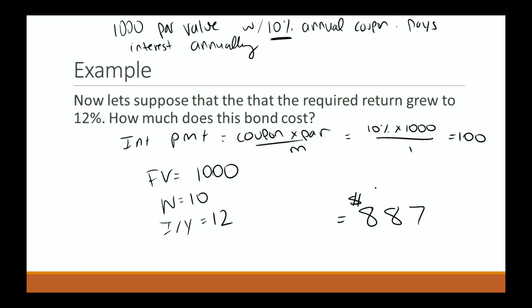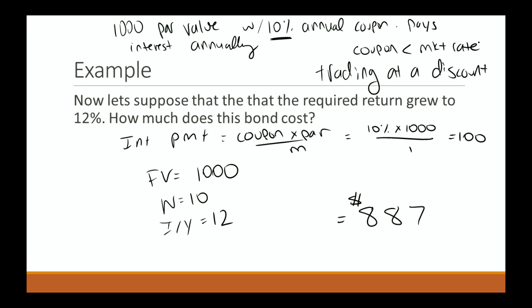So this bond is trading at a discount. Just from looking at this bond, we should know that this bond is trading at a discount, meaning that its market price is less than the par value, because the coupon rate is less than the market rate.